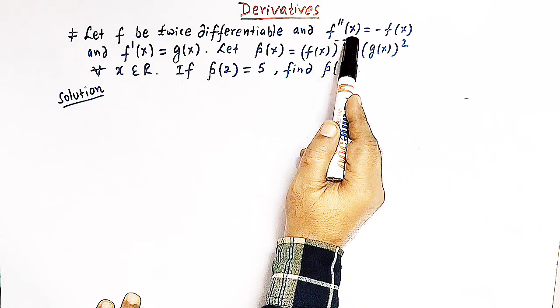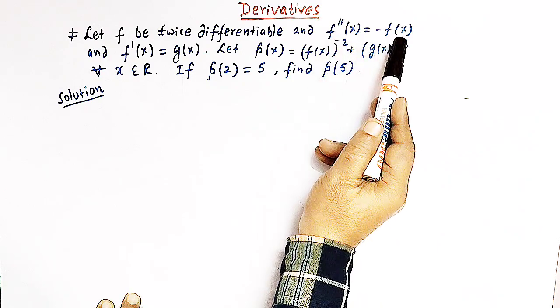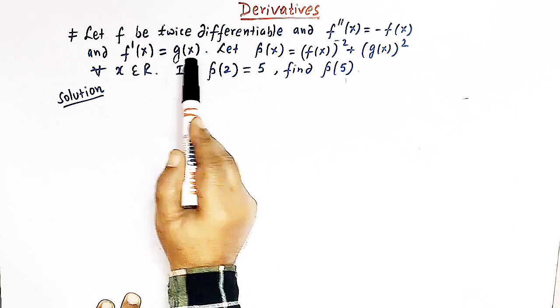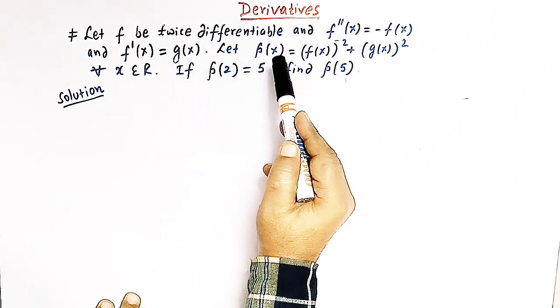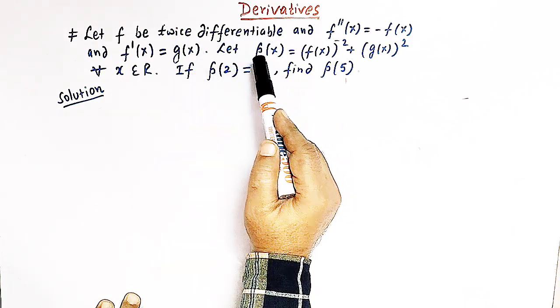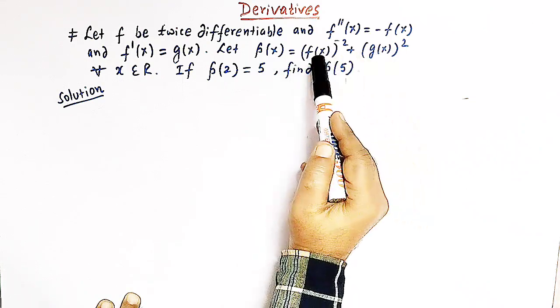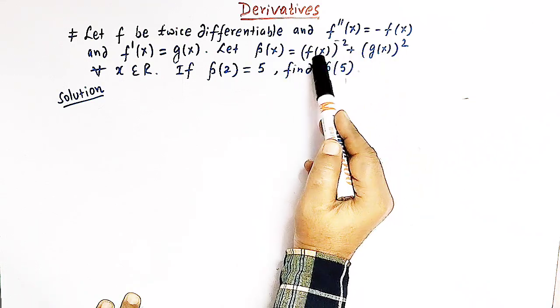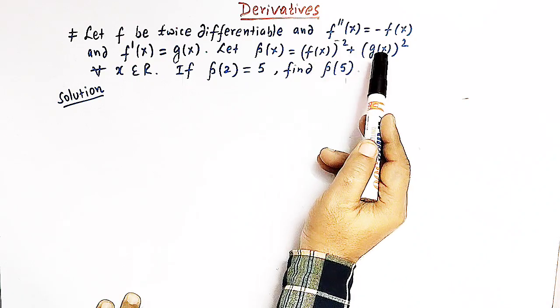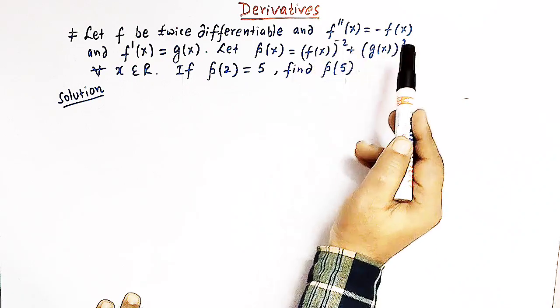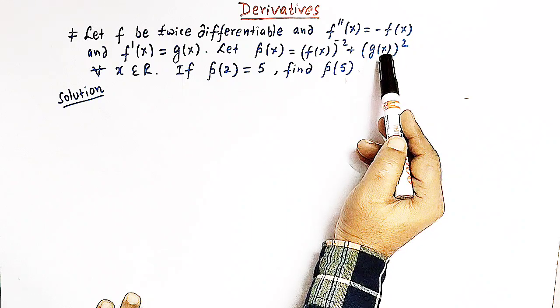So f double prime of x is equal to negative of f of x, and f prime of x is equal to g of x. And further we are given a third function p of x, which is equal to the sum of the squares of the functions f of x and g of x, that is square of f of x plus square of g of x.